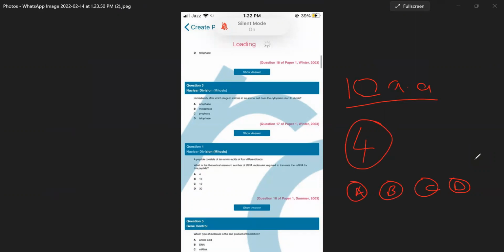What is the theoretical minimum number of tRNA molecules required to translate the mRNA for this peptide? All the question is asking for is the number of tRNA that will be used to carry these 4 amino acids for the mRNA.